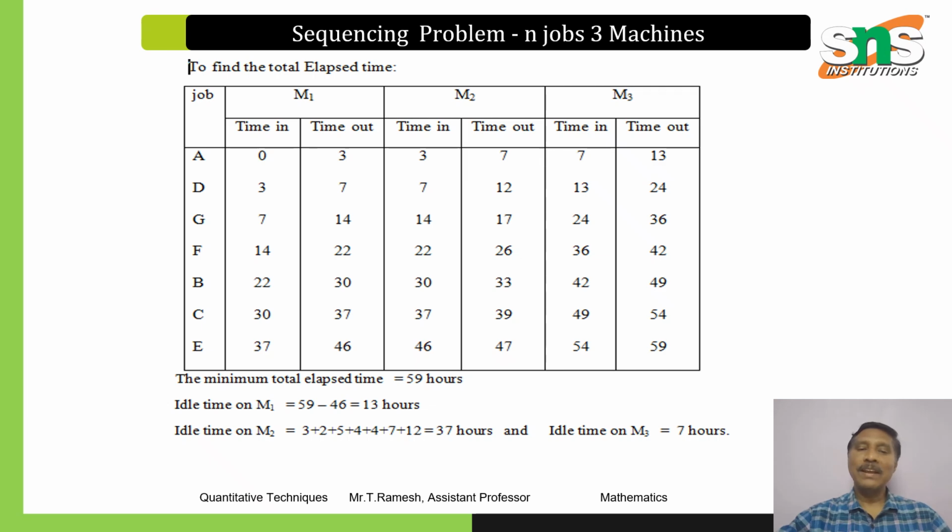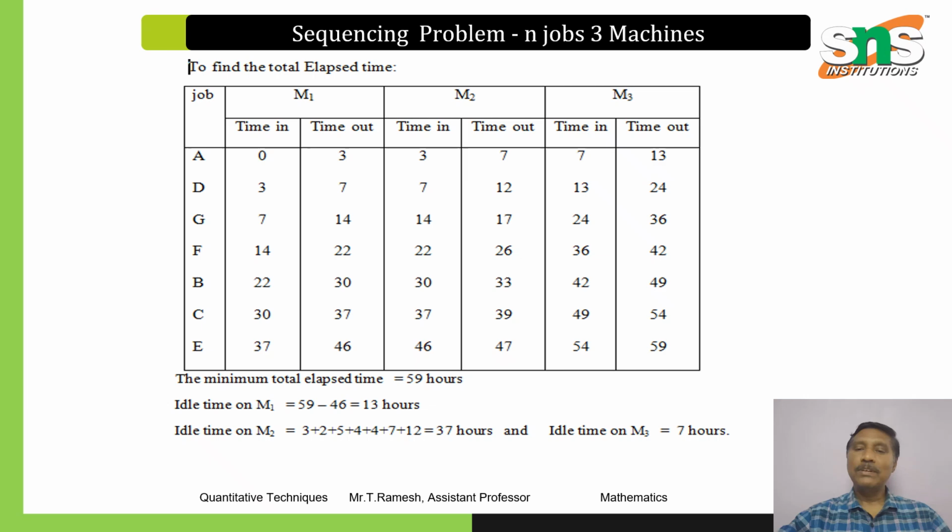Therefore, 2 hours here it is idle, and here 5 hours idle, and also here 4 hours idle, and 33 to 37, 4 hours idle, 39 to 46, here 7 hours idle, and after 47 it will not work. Sorry, 59 minus 47 is 12 hours. Therefore, we add all these hours, and suppose 37 hours, machine 2 will be idle.